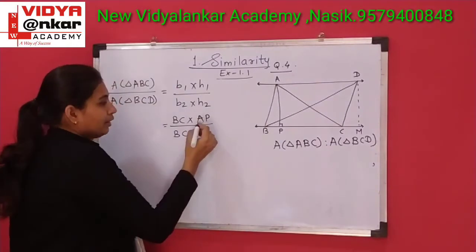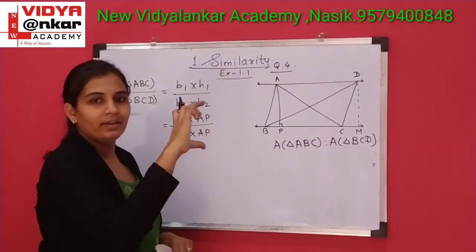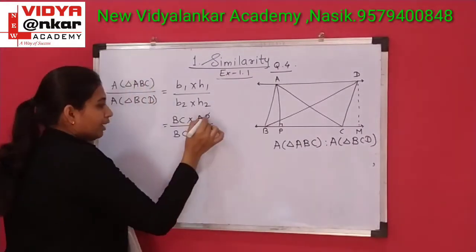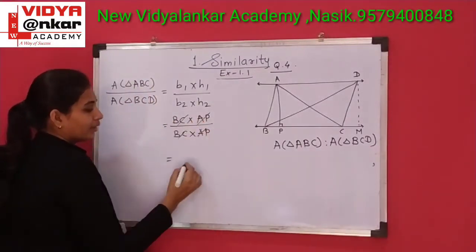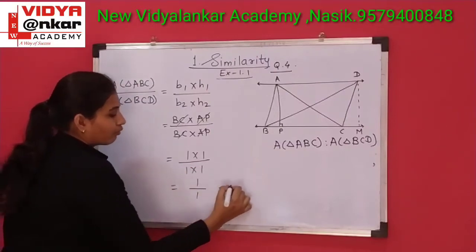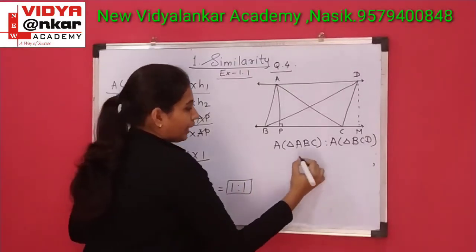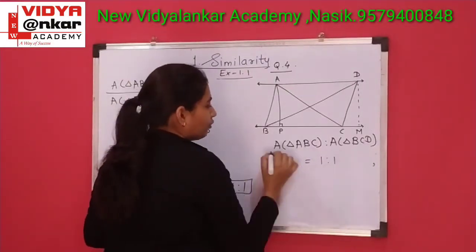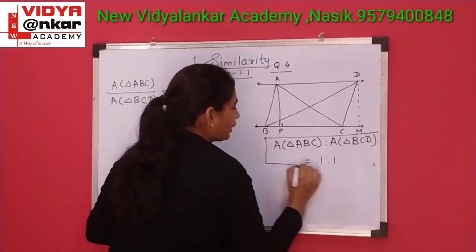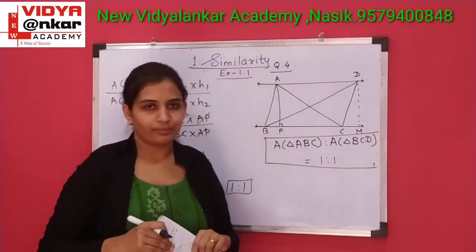It means that we can substitute AP instead of writing DM. All values will get cancelled here. We will get the ratio of 1 upon 1, that is 1:1. Now we get the answer: the ratio of areas of the given two triangles is equal to 1:1.